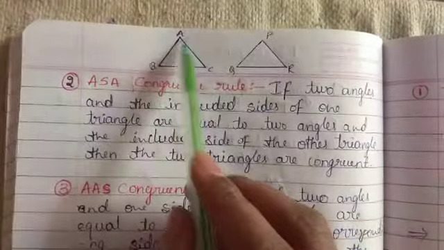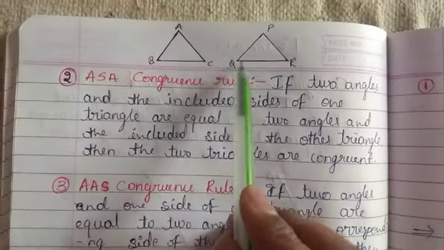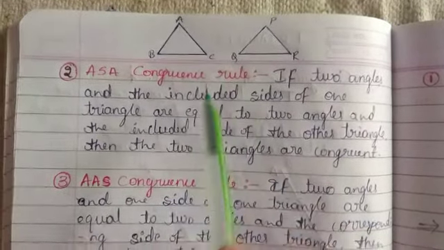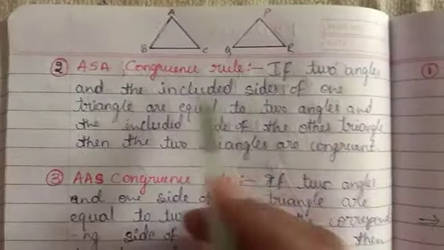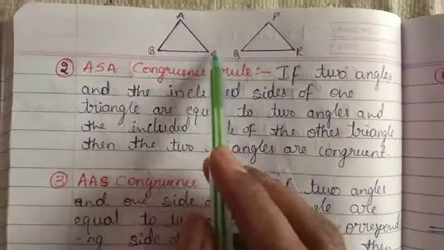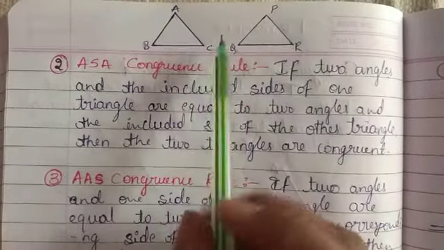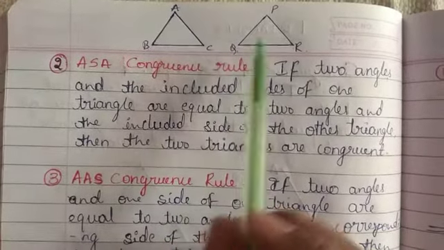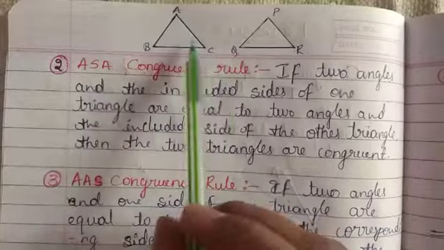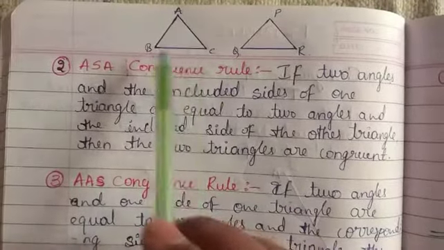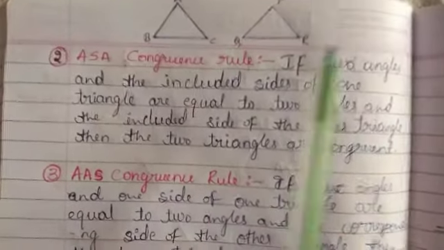Suppose angle A is equal to angle P, angle B is equal to angle Q, and one side is also equal. Suppose I took this BC. BC is equal to QR. Then I can say by using the AAS congruency rule, these two are congruent. Means ABC is congruent to PQR.